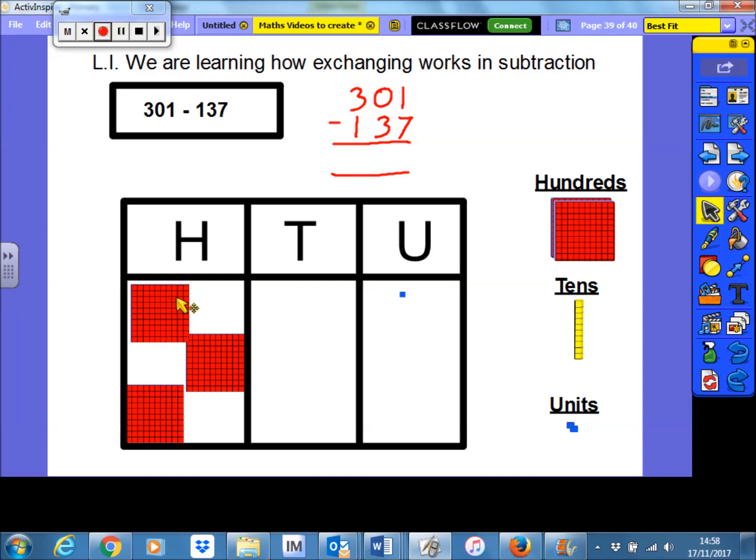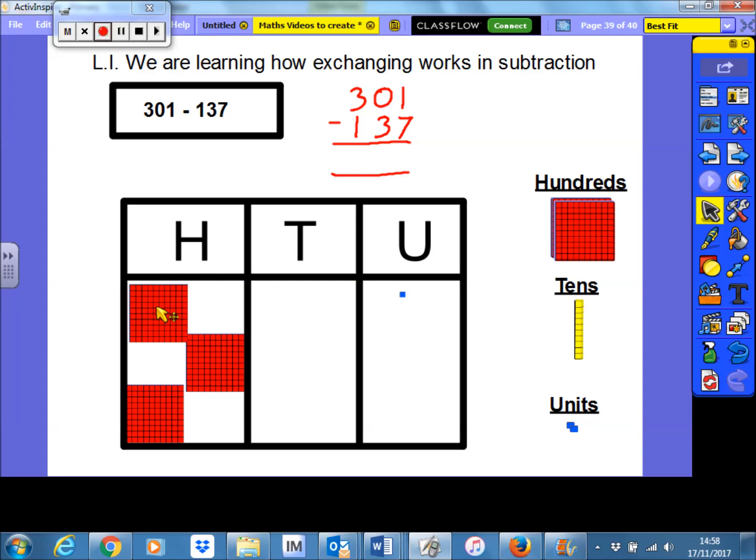However, and this is the mistake that a lot of people make, we cannot exchange from the hundreds all the way to the units. That makes no sense. It would be simply ridiculous to exchange 100 for 100 units. So instead, we're going to have to pass it down the line step by step.